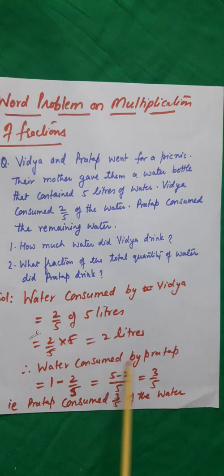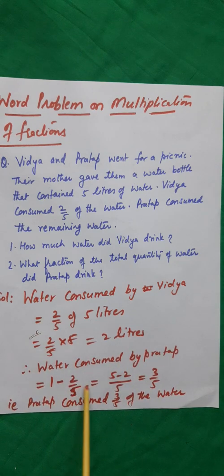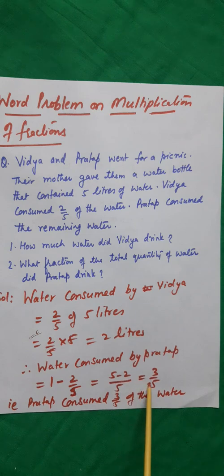Therefore, the water consumed by Pratap will be 1 minus 2 upon 5, which will be equal to 5 minus 2 upon 5 by taking the LCM. This is equal to 3 by 5. That means Pratap consumed 3 by 5 of the water.